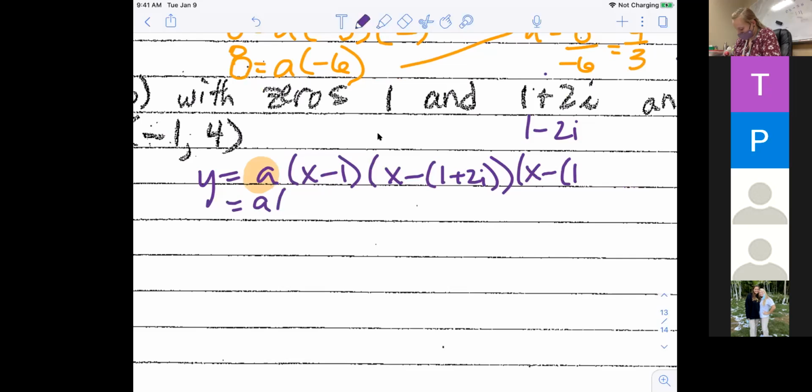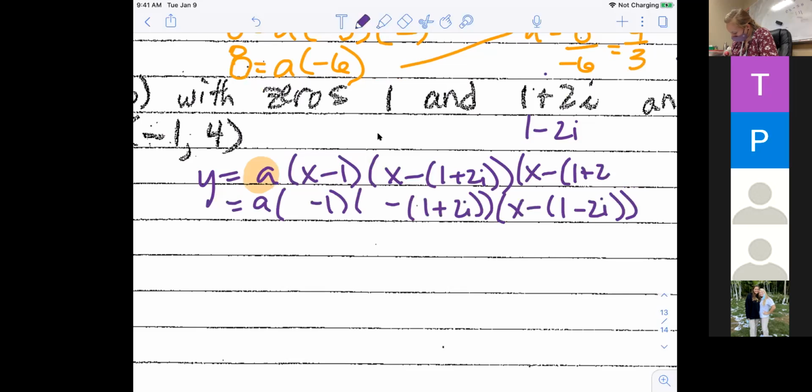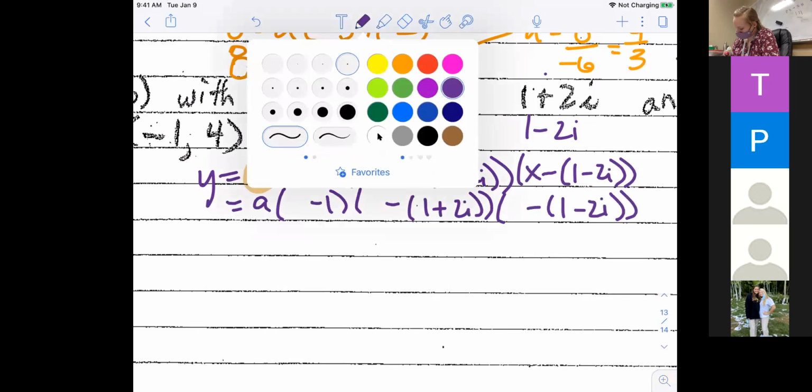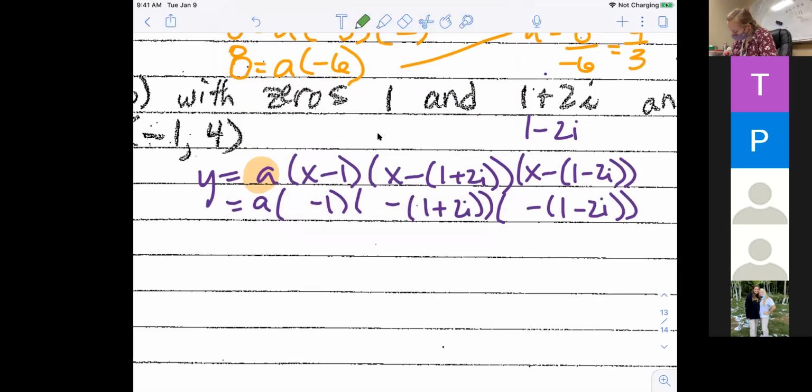Okay, a, x minus 1, x minus 1 plus 2i. My x is negative 1.